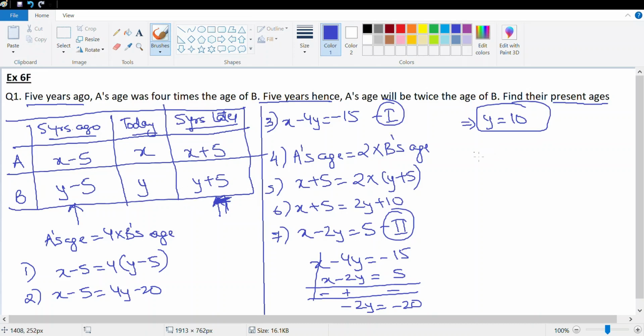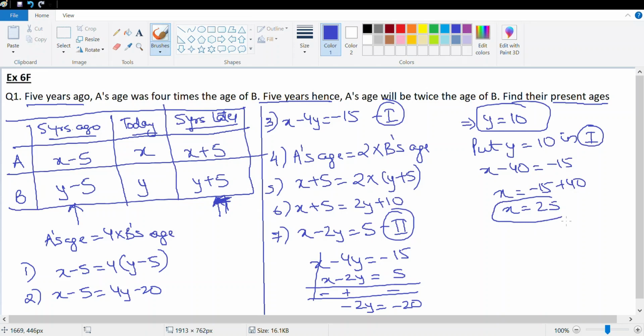Next, put Y is equal to 10, let's say in equation 1. So we have X minus 40 is equal to negative 15, X is equal to negative 15 plus 40, X is equal to 25. So let's read the question.